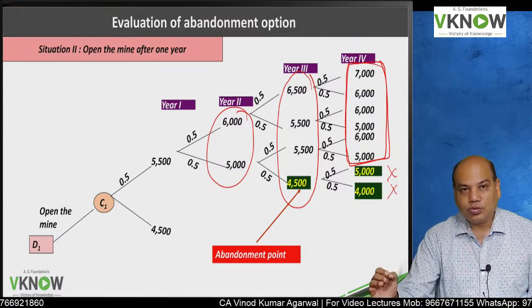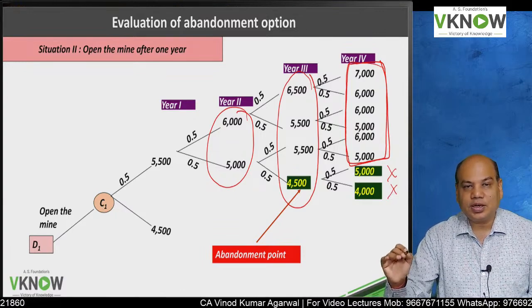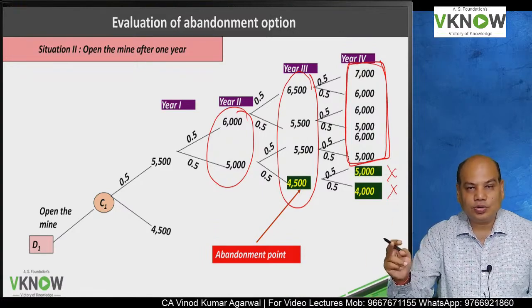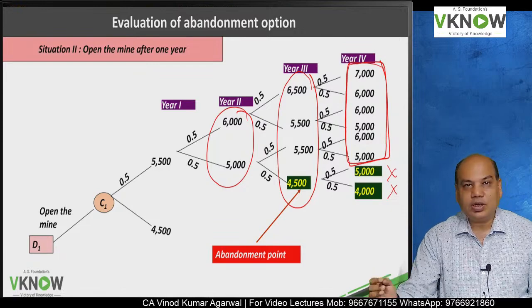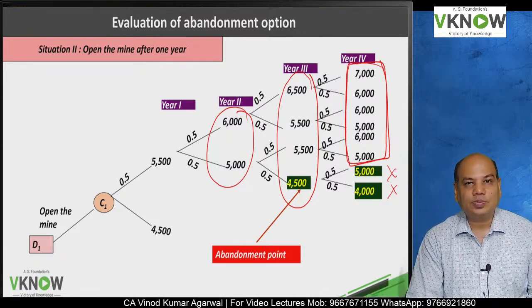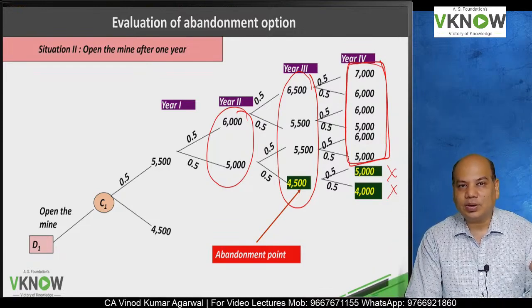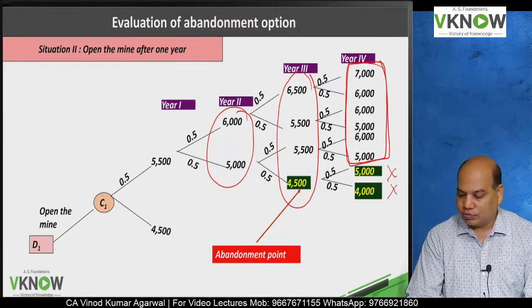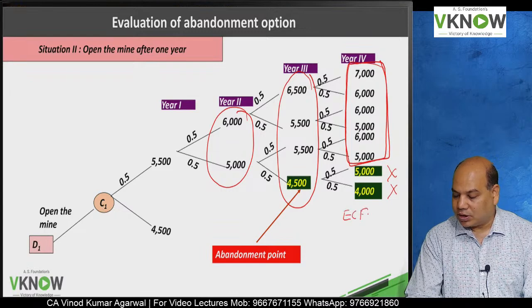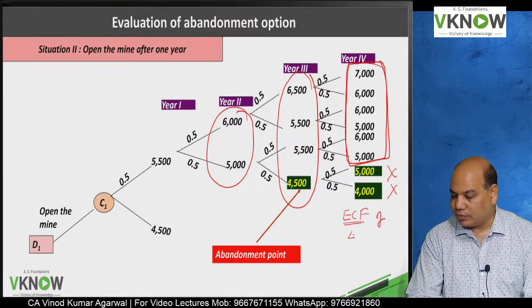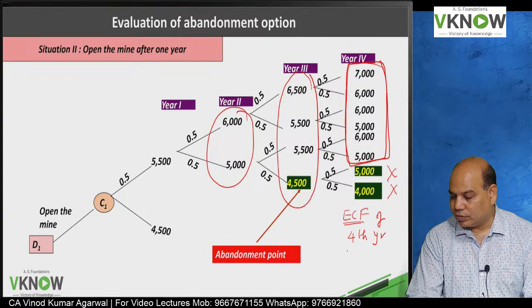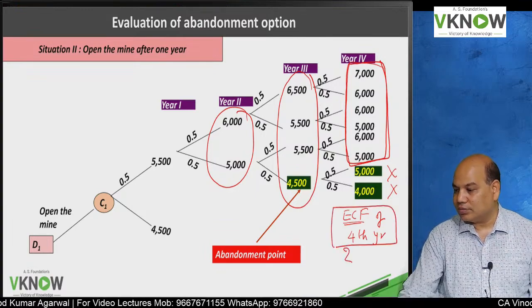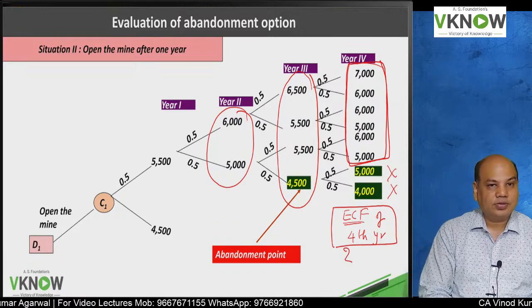So there are 2 ways you can compute the expected cash flow of the 4th year. Like method 1 I have told you, or method 2, where you will take your cash flow after tax without abandonment option plus loss avoided. One more chance to you. What will be expected cash flow of 4th year with abandonment option? Please try. This time you can get it.